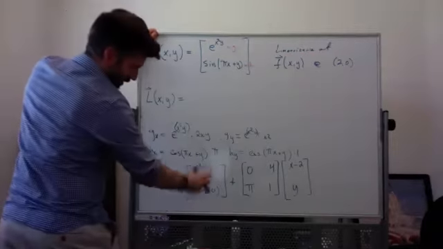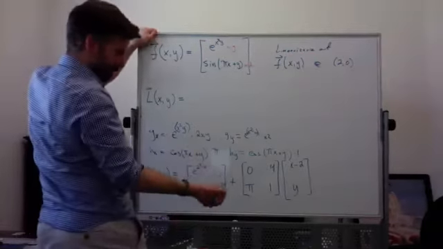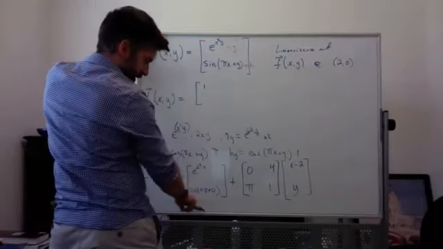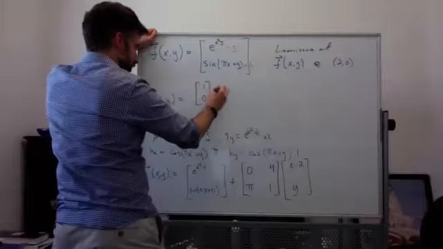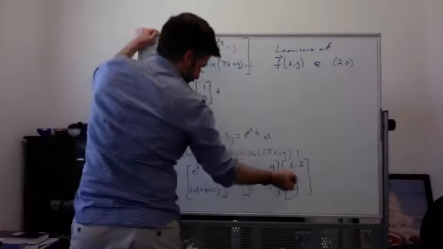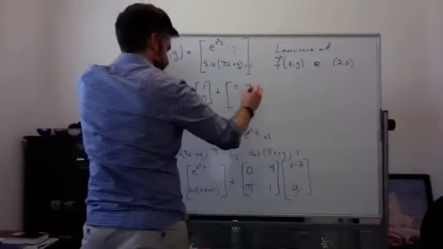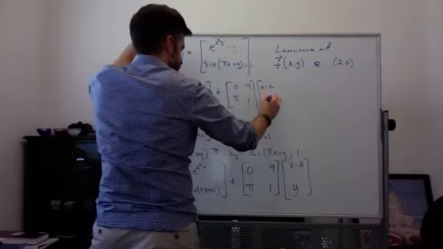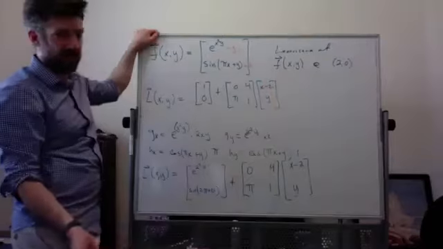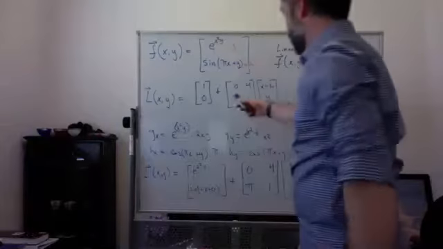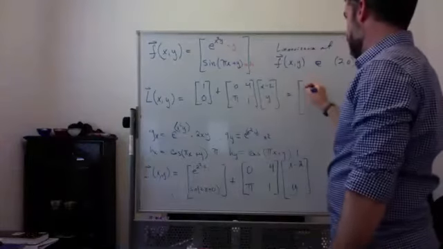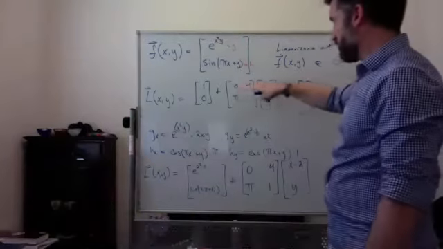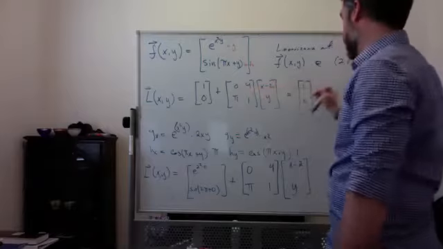So my final answer is going to be this vector, or this 2 by 1 matrix, which is e to the 0, which is just 1. And this entry is sine of 2 pi, which is 0, plus this times this. Which I imagine you could probably leave like that, but you might want to multiply this out. When you multiply this matrix times this, you get 0 times x minus 2 plus 4 times y.